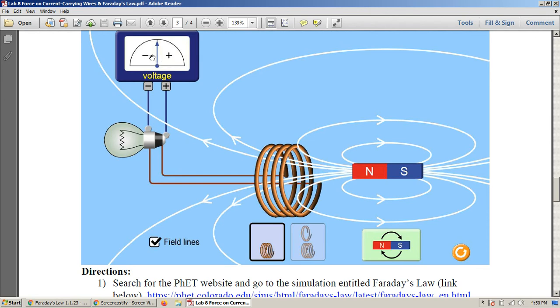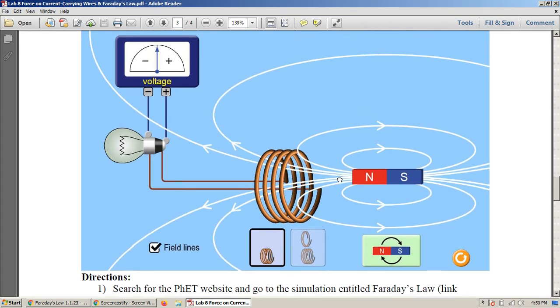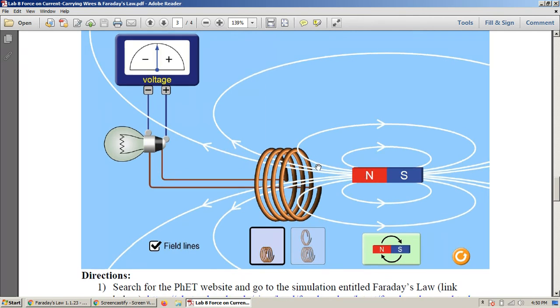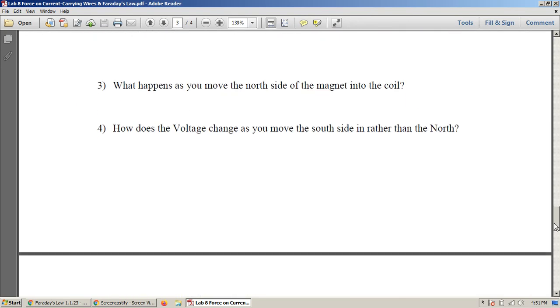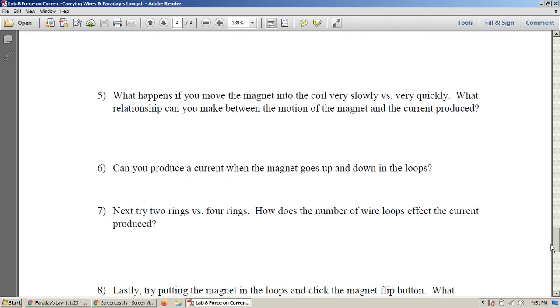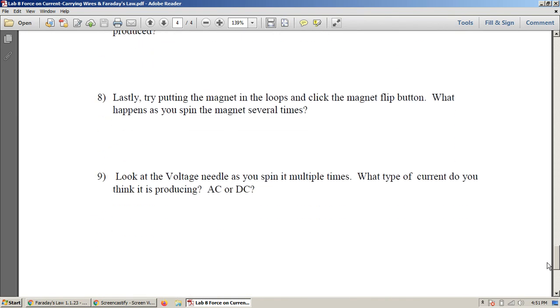All right, we want you to pay attention. Basically, grab the thing and move it while you're watching the light and while you're watching the meter. All right, so be very careful as you're doing this, and answer the questions carefully.